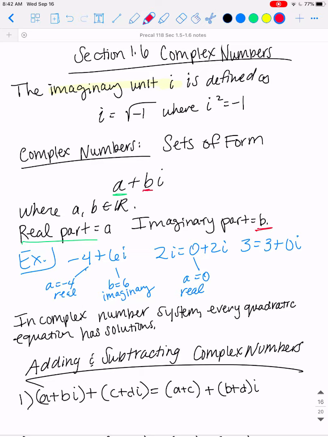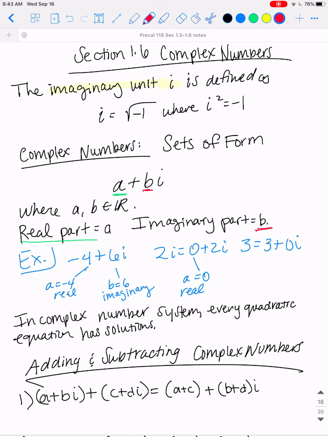Our real part is -4, our imaginary part is 6, and 0 is also a real part. In the complex number system, every quadratic equation has solutions because we're able to describe negative roots with our imaginary units, and so it has imaginary solutions.